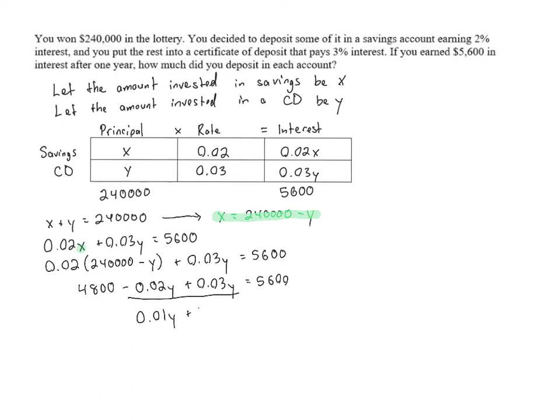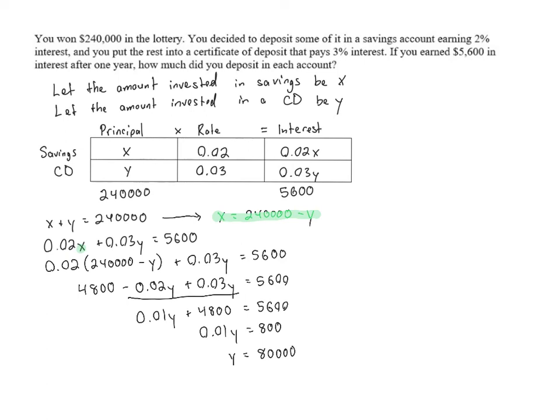And then we also have the 4,800. So 0.01y plus 4,800 equals 5,600. Subtracting 4,800 from both sides gives us 0.01y equals 800. And dividing that by 0.01 gives us 80,000.